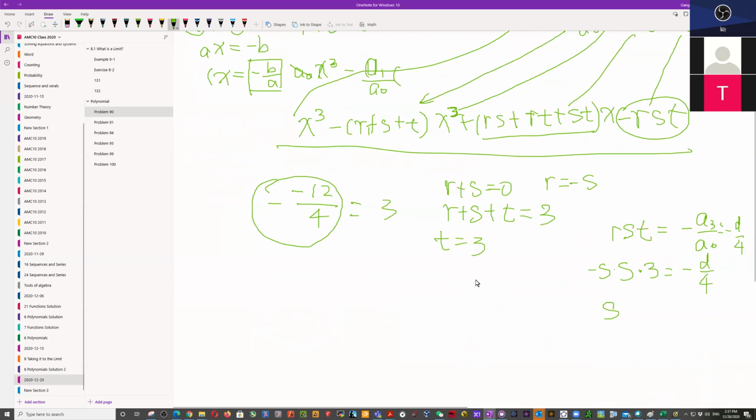So we also have C divided by 4. C divided by 4 is just the relationship of A2 divided by A0.